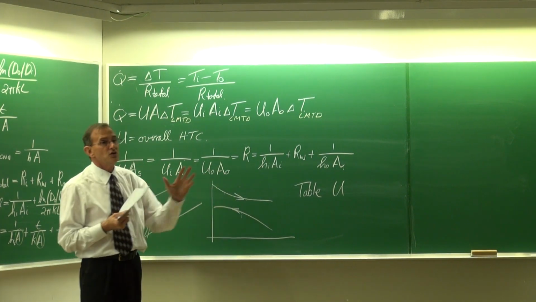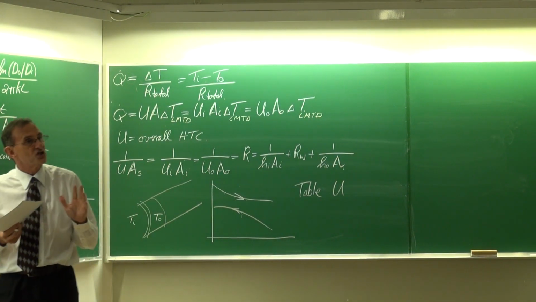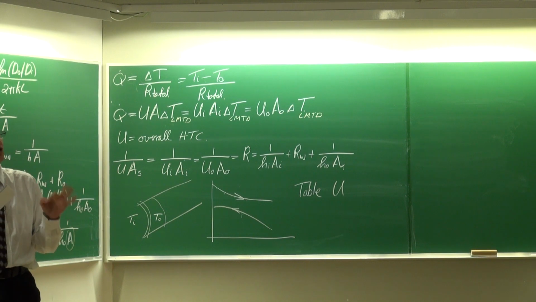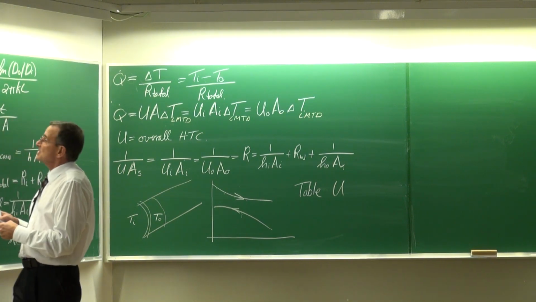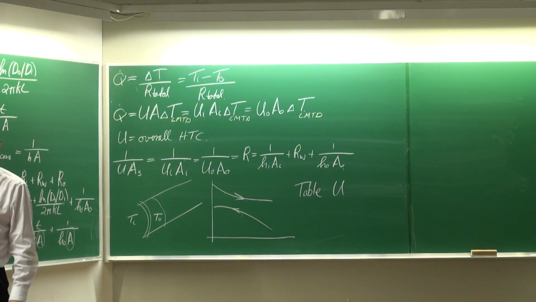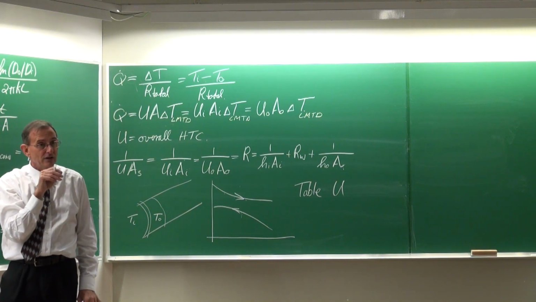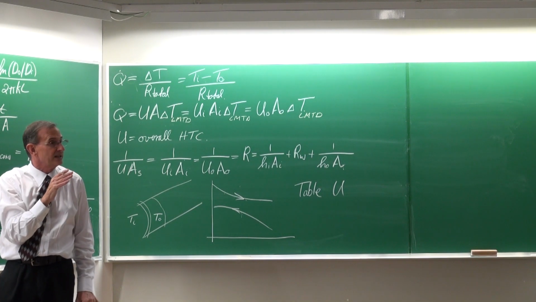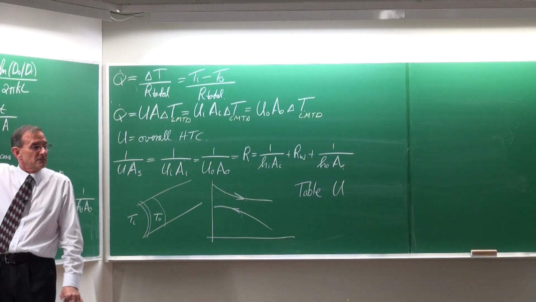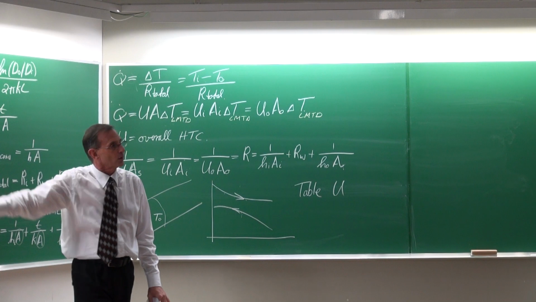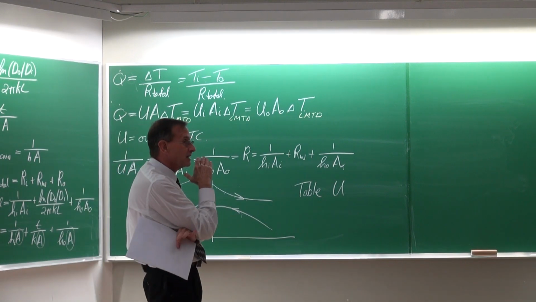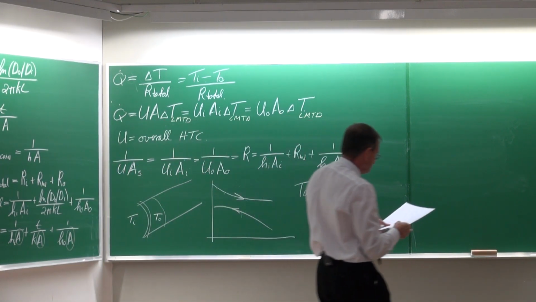If somebody gives it to you, your question should be based on which area: the inside area or the outside area? That is not always an important and relevant question, but in some cases it is. In this case, it's not going to matter, but in many other cases, it is very important.